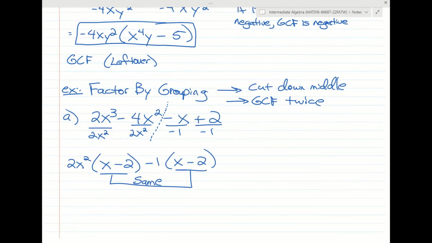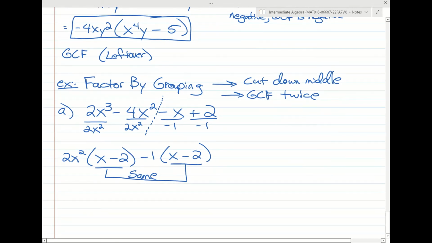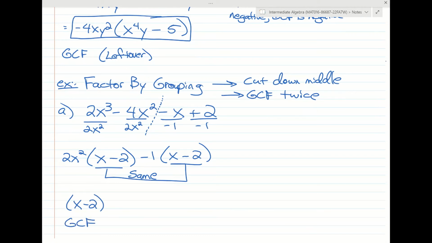And they are. So the way that we finish a problem like this is you write the new GCF, then you write what's left over. That makes sense, guys?